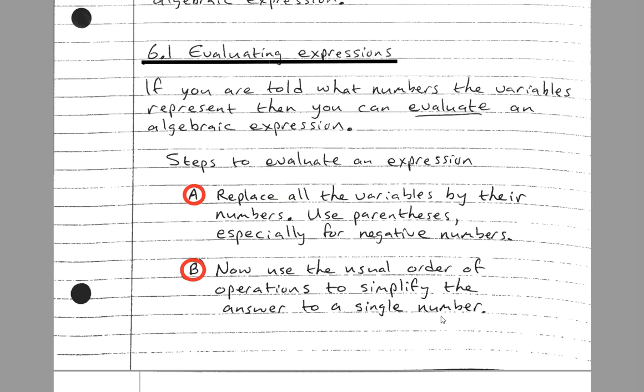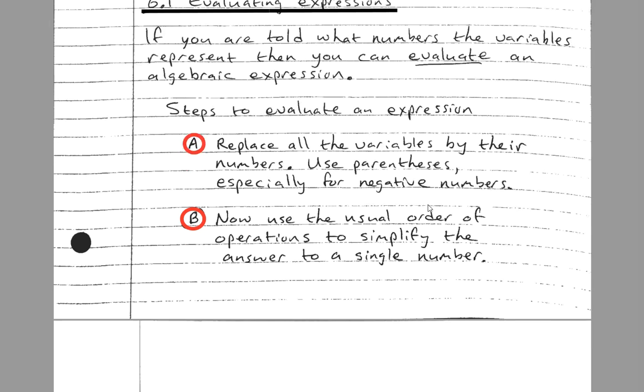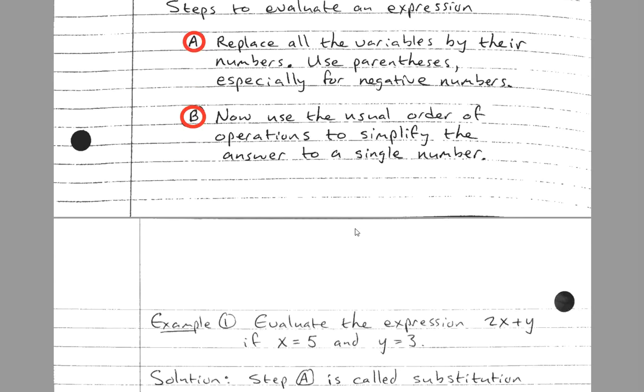That means you've evaluated the expression for those values of the variables. Okay, so all the work we've done with order of operations in the previous chapters, we're using that again.